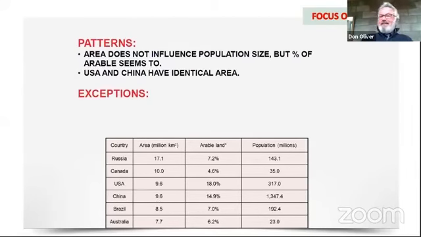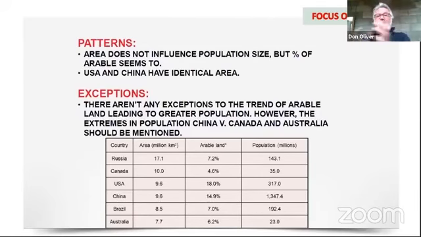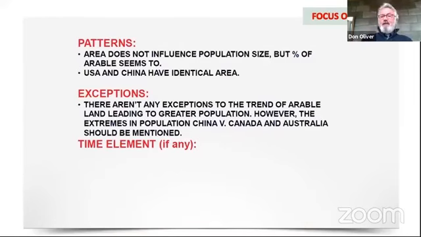There are exceptions. There aren't any exceptions to the general trend, that is that arable land leads to greater population, but we can see that there are exceptions in the size of population in terms of the difference between China, for example, and Canada and Australia, which have relatively very small populations. There is a time element here.